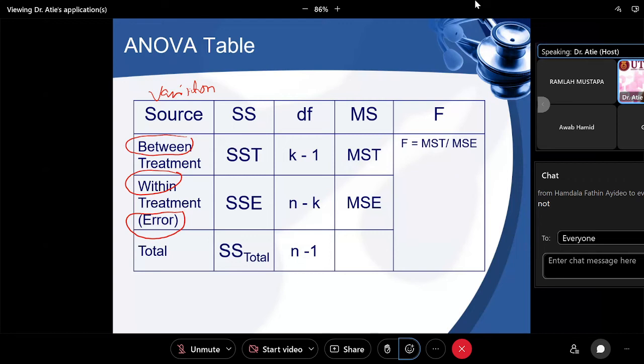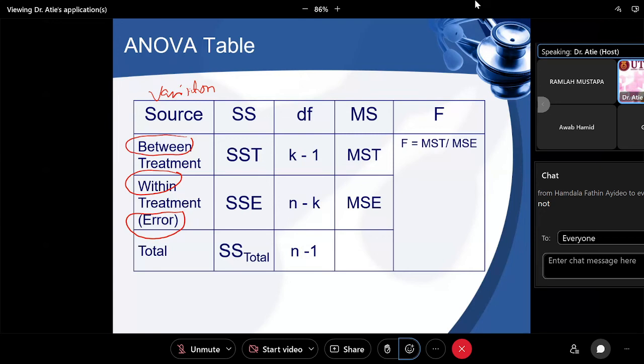Because if you don't handle the variance within the group, it's going to blunder the whole thing. So you need to check the variance within the group first. Only then can you proceed to between the groups. If the within the group is not satisfied, it's going to give you error. That's the reason variance within the treatment is also known as error.